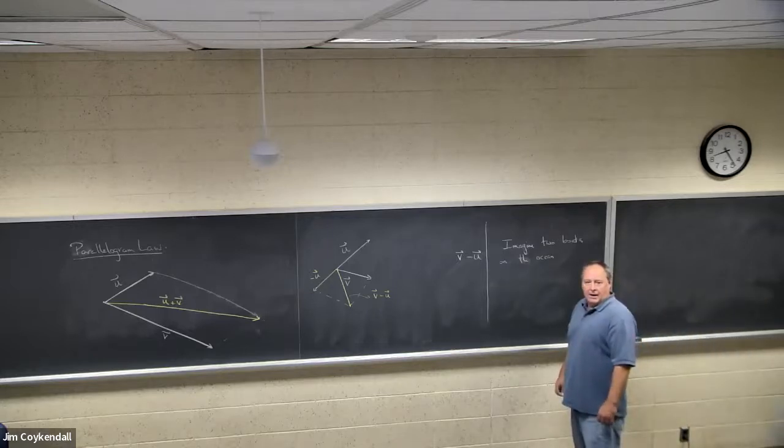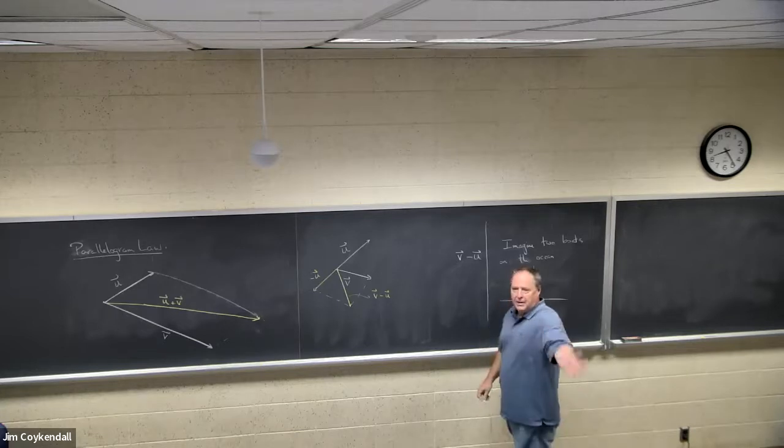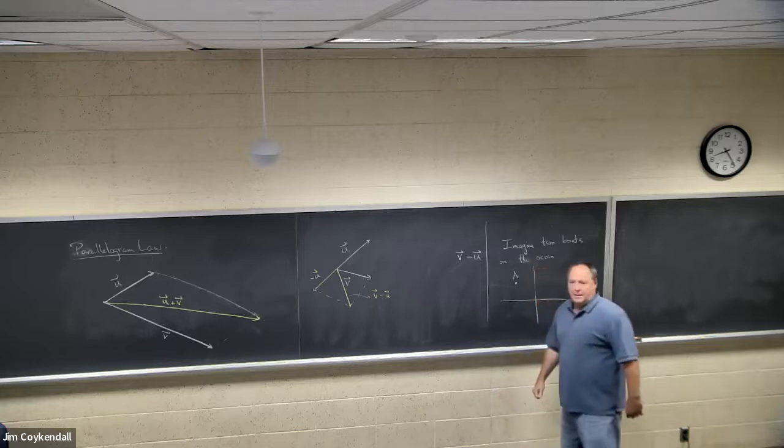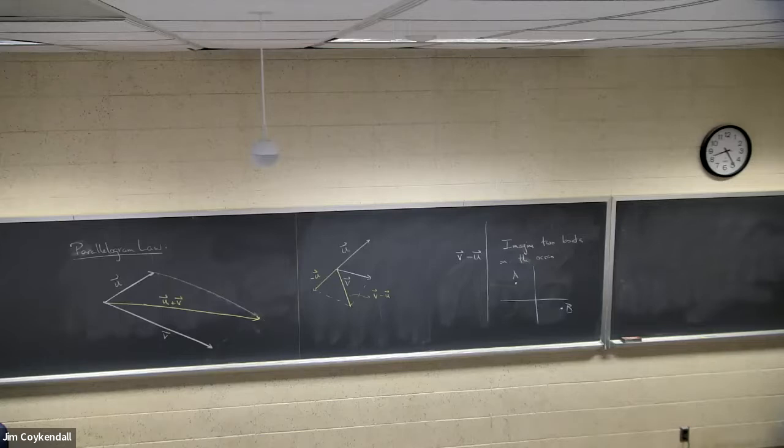What's the dimension of the vector that you need to describe both boats? Here's boat A, and boat A can be anywhere in the ocean. And here's boat B. B can be anywhere in the ocean. How much data do you need to describe where both boat A and boat B are?